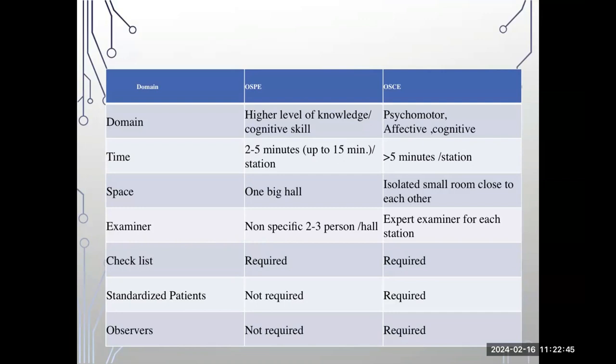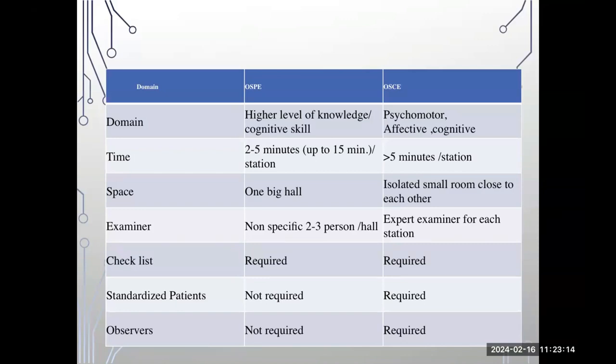Usually the time taken for one station in OSPE is around 5 minutes, and maximum can be up to 15 minutes if we make many substations. In OSCE it is more than 5 minutes per station. These points will be re-emphasized when I mention how OSCE and OSPE are conducted. But basically OSPE requires one big hall where the students can rotate.